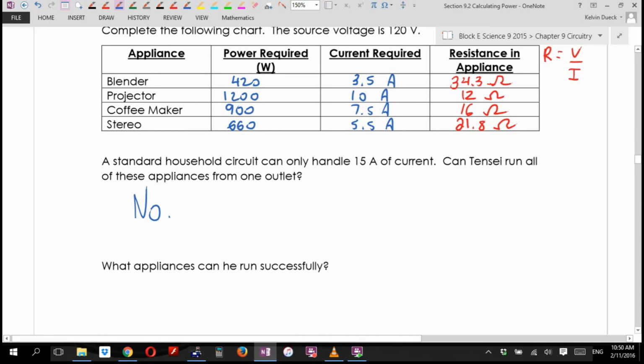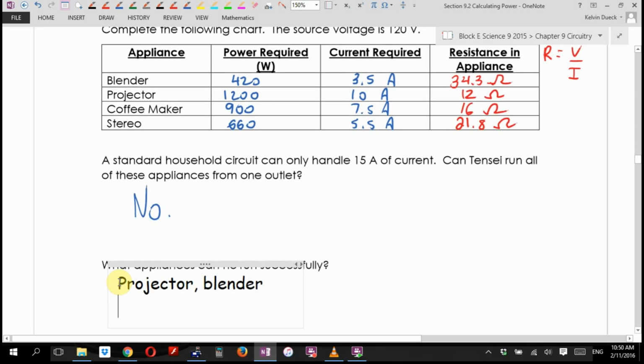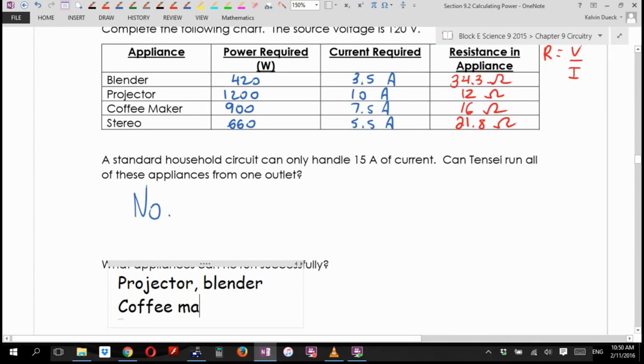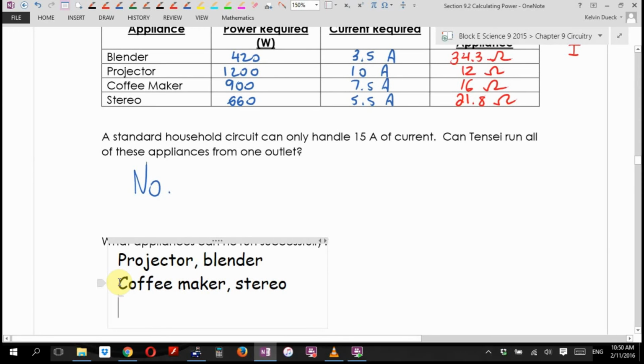Which appliances can you run from this extension cord at the same time? Projector and blender? That would work. Yeah, that'll work. Add them up. It's at 13. We're still under 15.